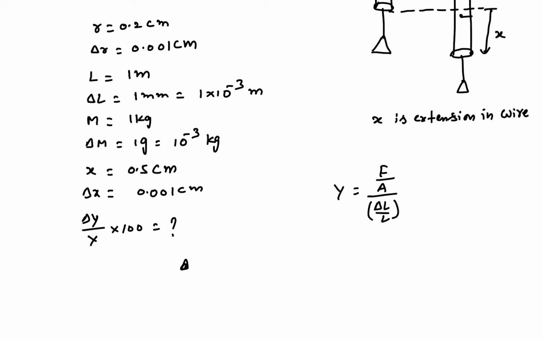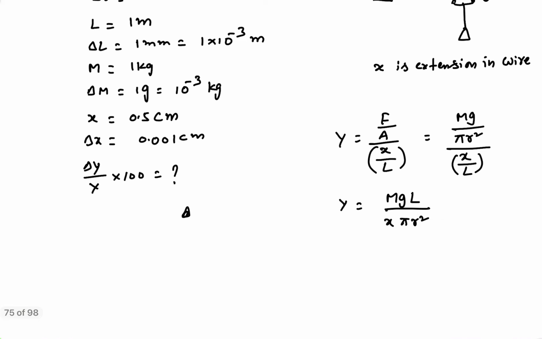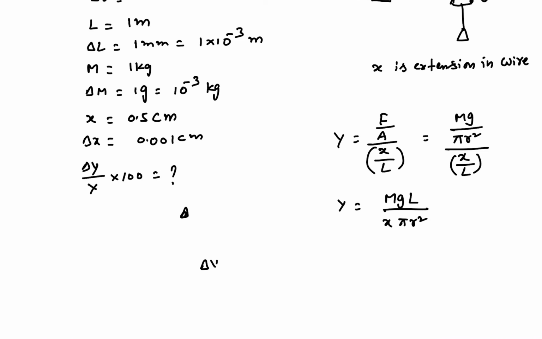Young's modulus Y can be written as F by area, meaning longitudinal stress, divided by the longitudinal strain, delta L divided by L. I am taking the strain as the extension x divided by L. F is nothing but mg, A is nothing but pi r square, divided by x divided by L. Now you can write Y is equal to mgL divided by x into pi r square.